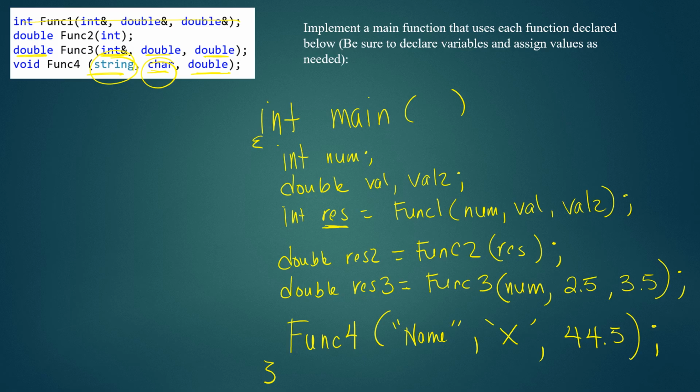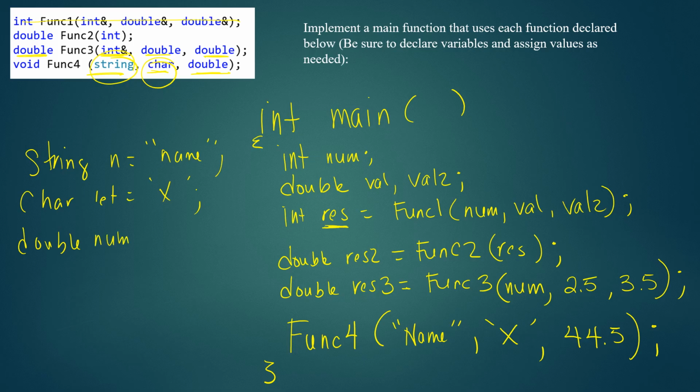The alternative for function 4 is I could have done string n equals name, char let equals x, double number equals 44.5, and then I could have called function 4 and passed it variables that have values, n, let, and number.